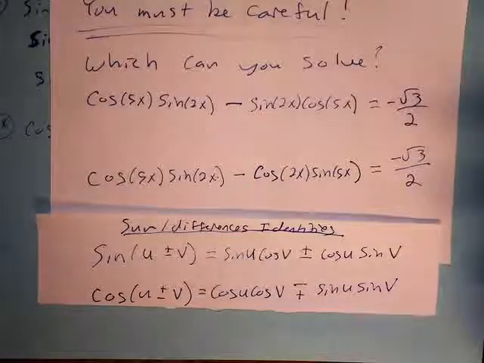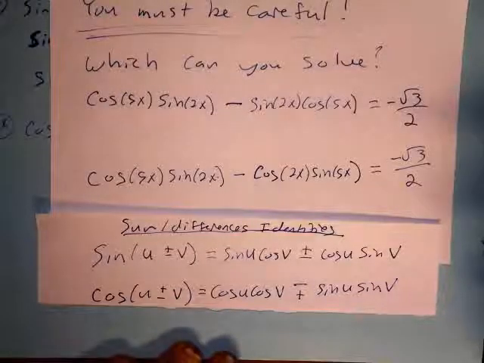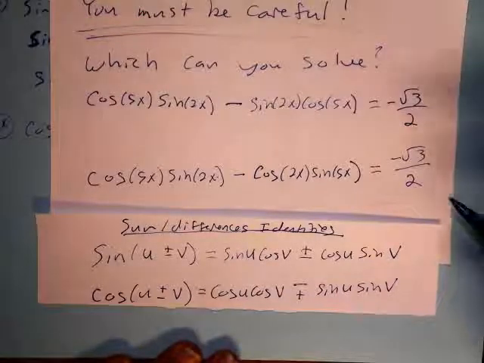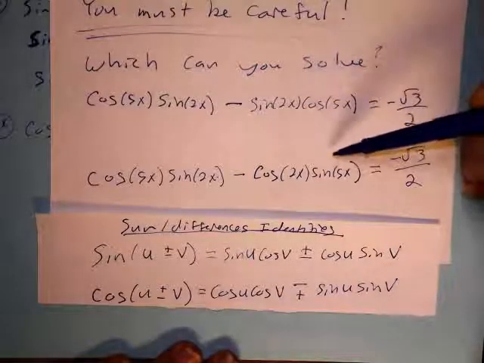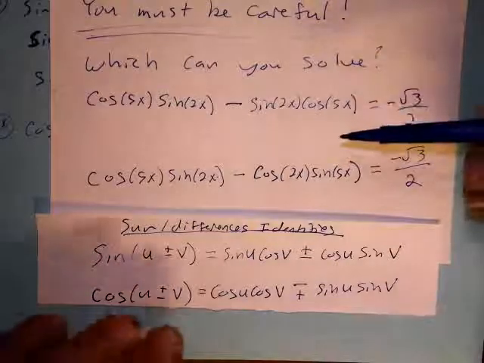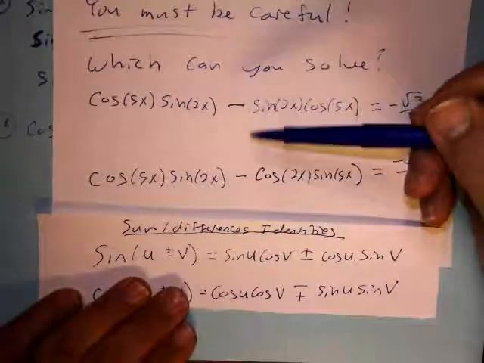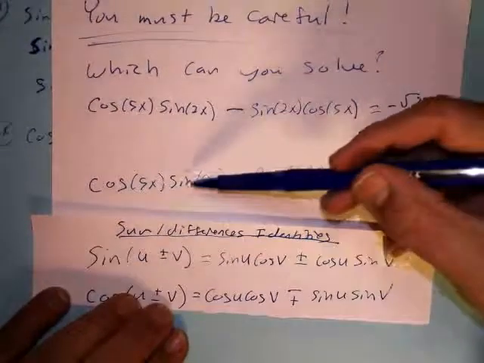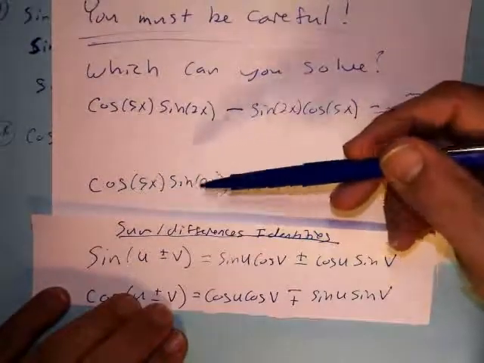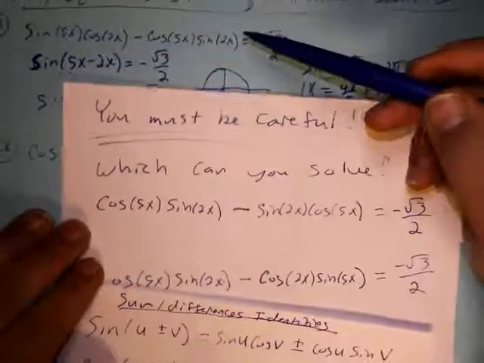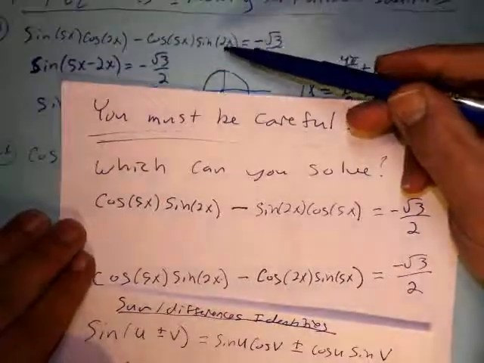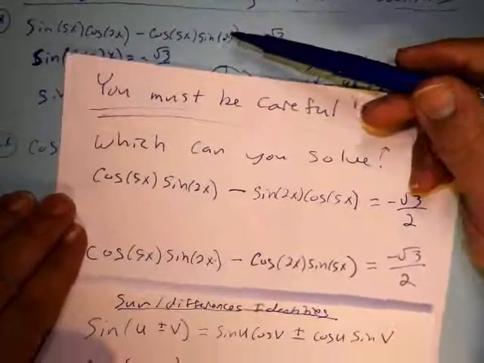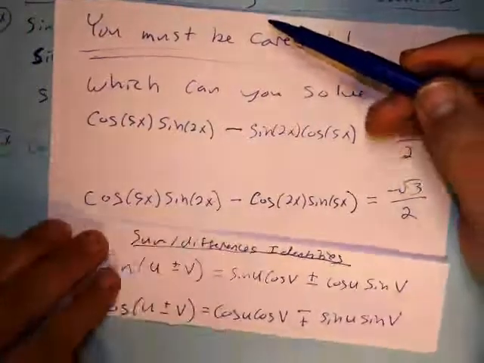Okay, did you figure out which one it was? If you chose the second one, I think you're right, but it's terribly confusing here. Let me just make sure. So if I commute these around here, then I actually have exactly what I had up here. Is that right?